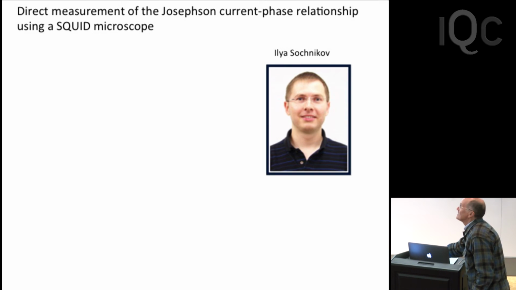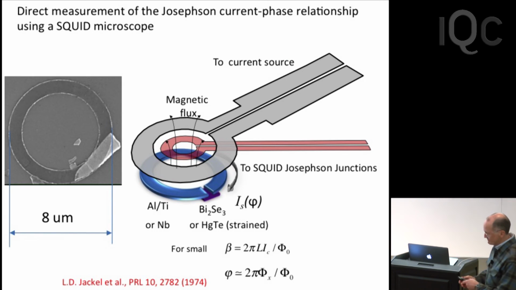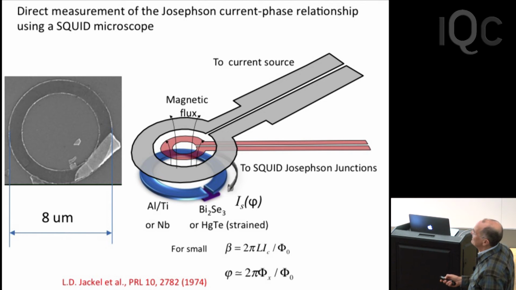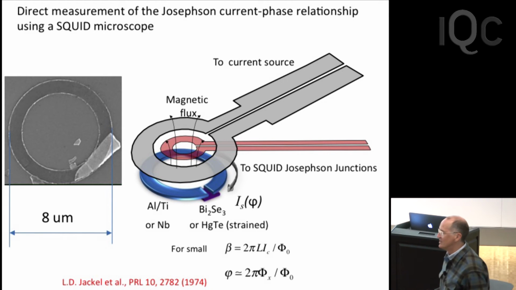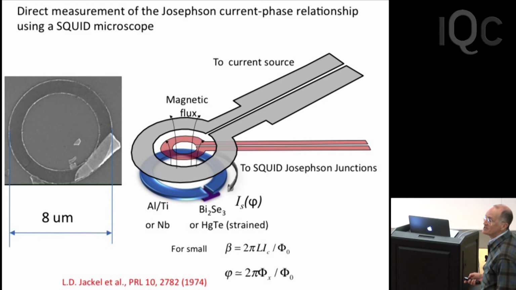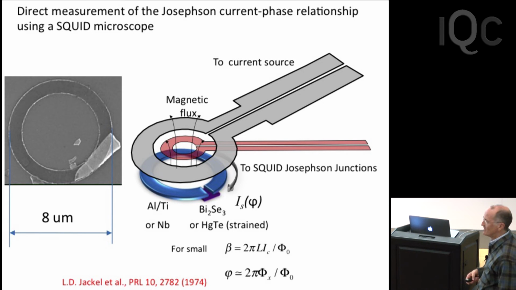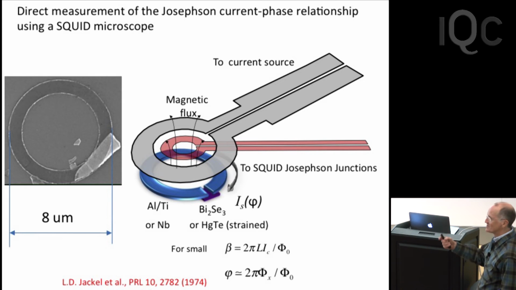Turns out that this can be done quite simply with a scanning SQUID microscope using a technique which was first introduced by Jackel et al. at Bell Labs in 1974. Essentially, what they did is they put a SQUID next to a ring, which included a junction, and by applying a flux to the ring, it induces a circulating supercurrent.